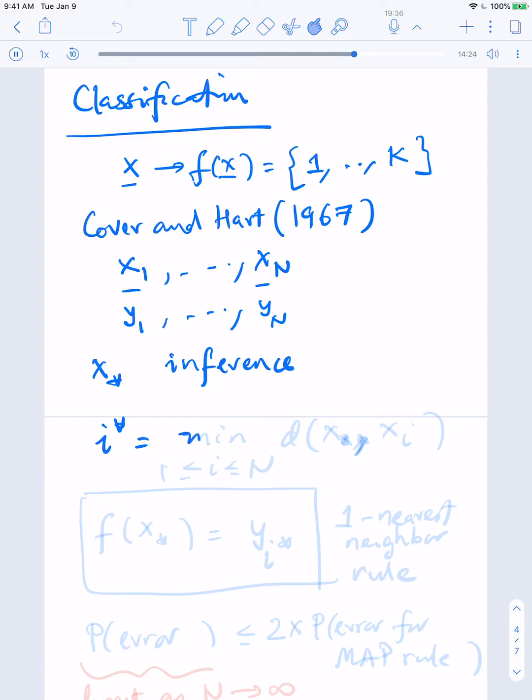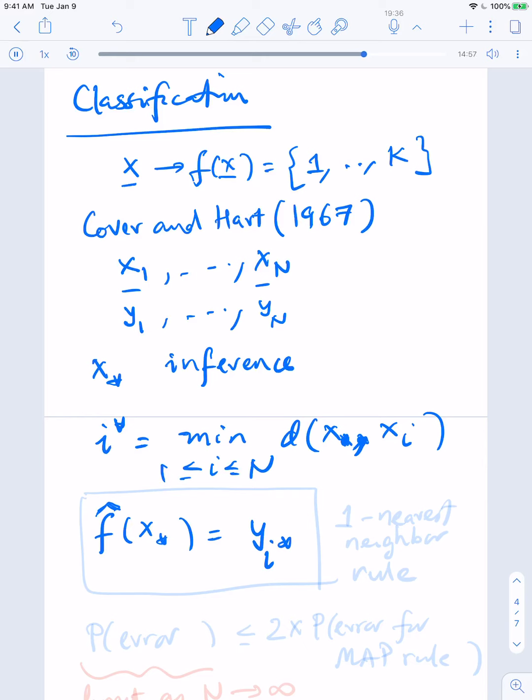So it's the minimum over i between 1 and n of some distance measure. It could be the L2 norm, it could be something else, some more general metric between x star and the training point. So that's the nearest neighbor, and we will say that f of x star is exactly the label I was given for the nearest neighbor.